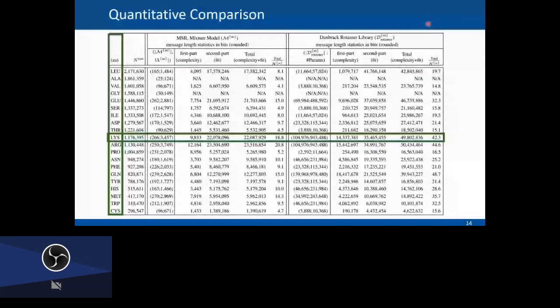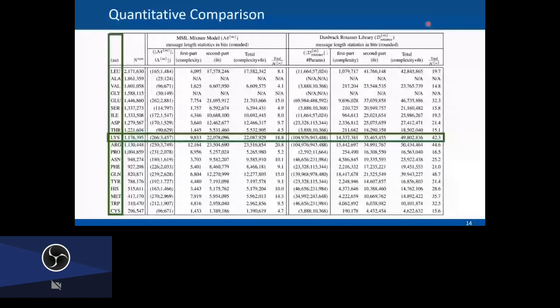On the Dunbrack side, as it is a backbone-dependent Rotamer library, the backbone space is discretized over around 1,000 bins, and for each bin they have their own set of components or models. Overall, across this whole phi-psi grid, there are around 100,000 components, and across these 100,000 components, there are around 1 million component parameters.